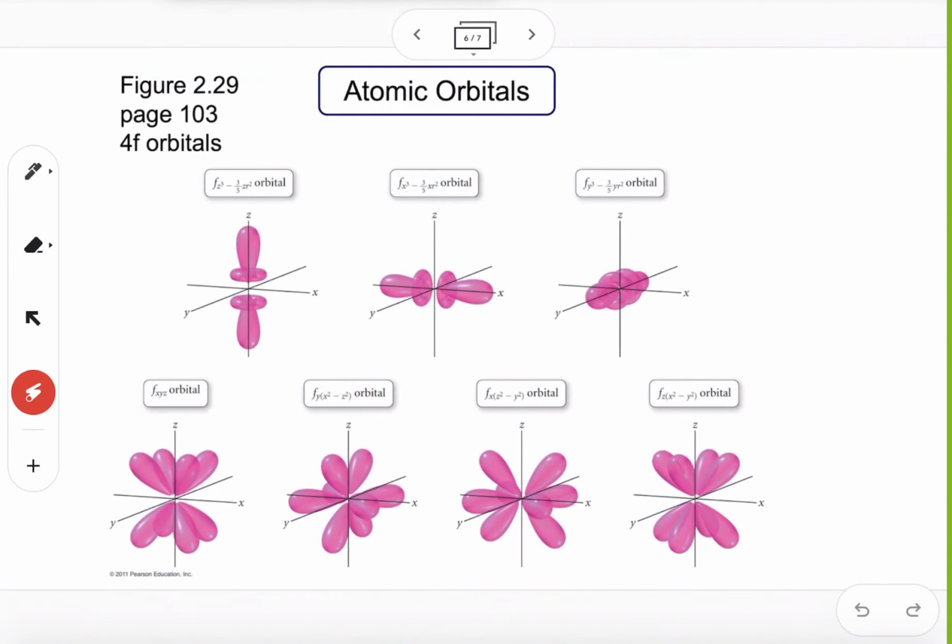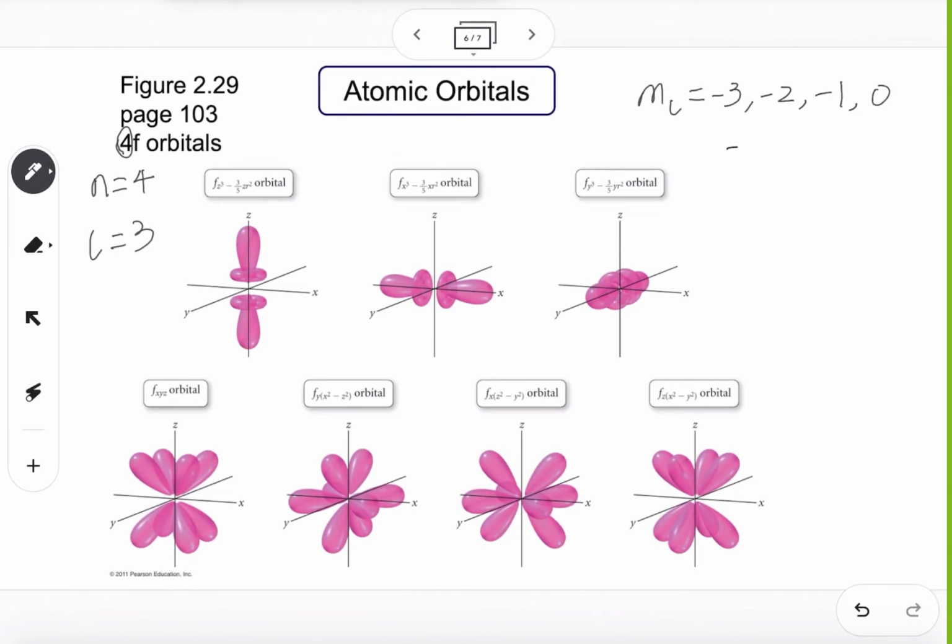All right, f orbitals. Well, it's getting more and more complicated, as you notice. For f orbital, n equals 4, L equals 3. And when L equals 3, let me write on this side, ML will have 7 different values from -3 to -2, -1, 0, +1, +2, +3. 7 different ML values, 7 different f orbitals.